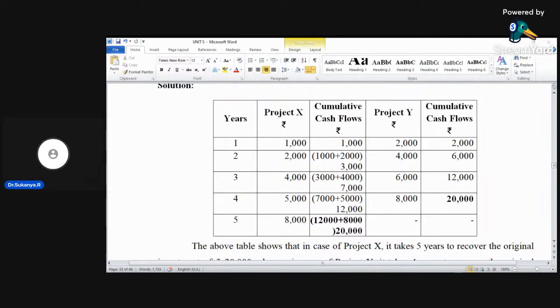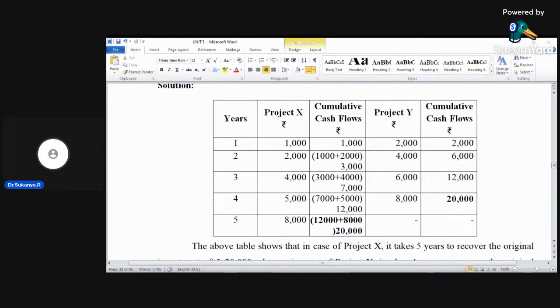So here it is very evident that for project X, 20,000 rupees can be got back at the end of the fifth year, whereas for project Y, you will be able to get back the original investment of 20,000 rupees at the end of the fourth year.